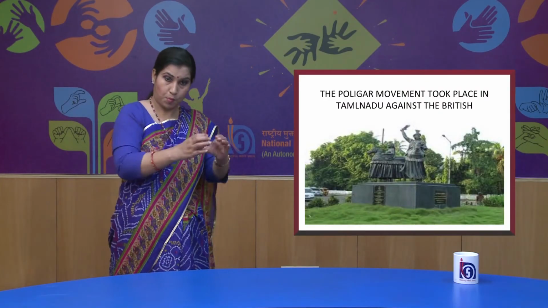It is interesting to note that during this time period, Indian people arose against the British policies in different parts of the country. Poligars opposed them in Tamil Nadu and Andhra Pradesh.